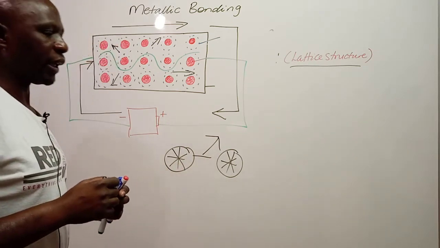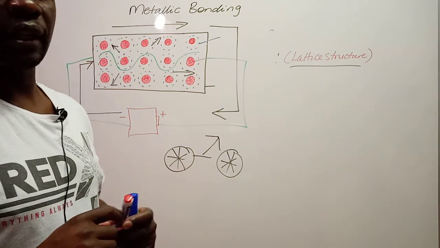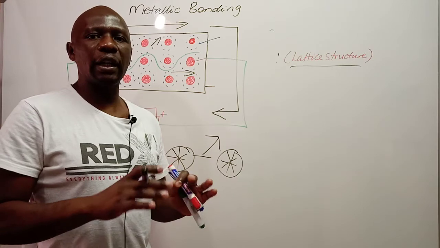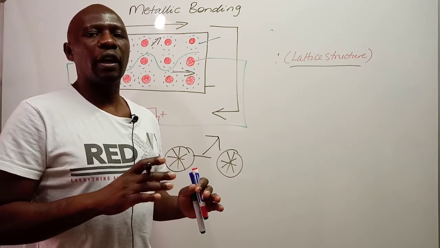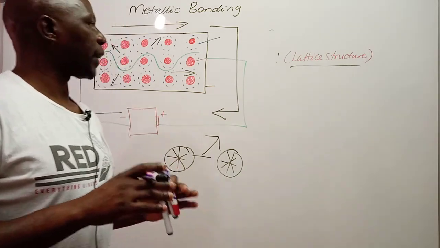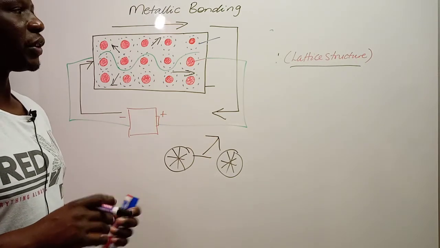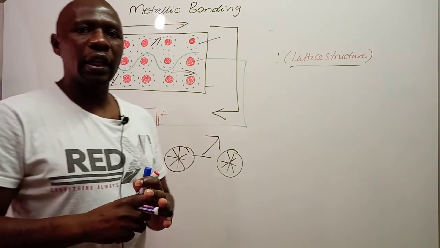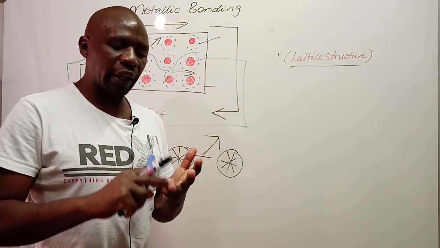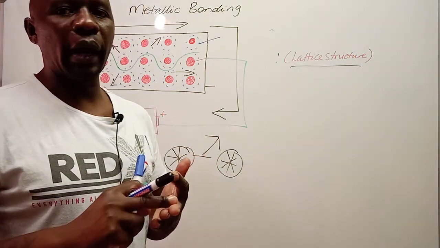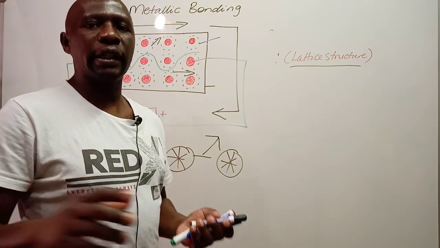Think about anything. Think about a car, a bicycle, spectacles. The electrons will still be free flowing as they are. So this is what gives metals the ability of conducting heat, conducting electricity, being malleable, as well as being ductile.